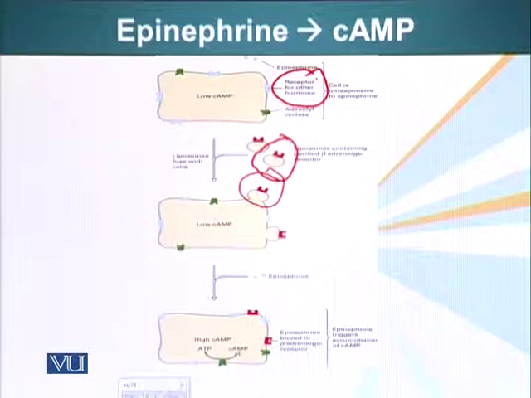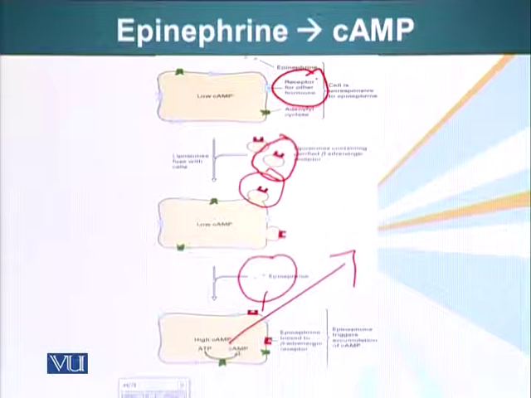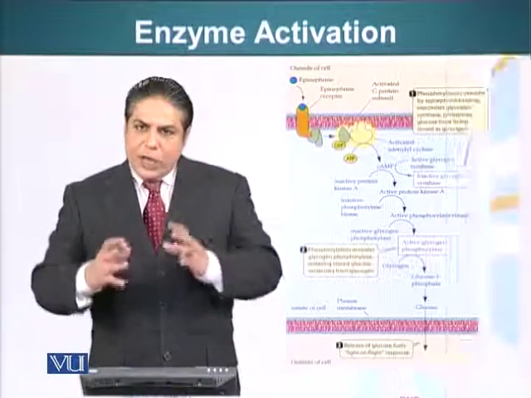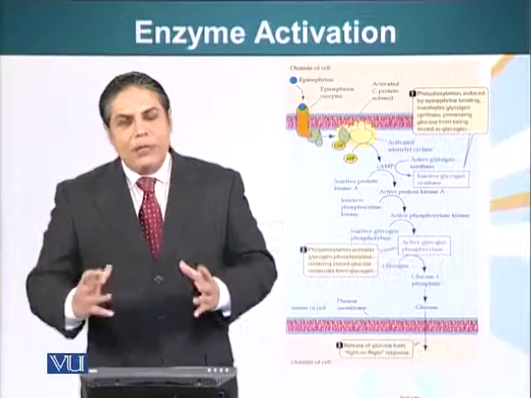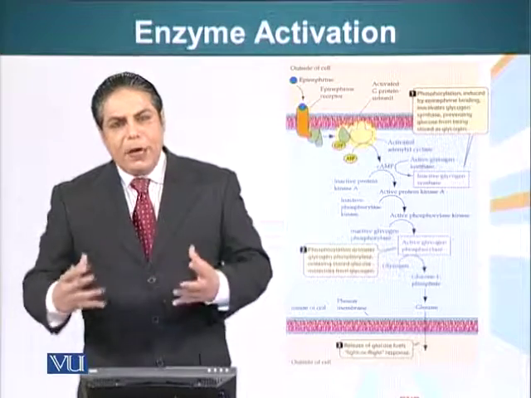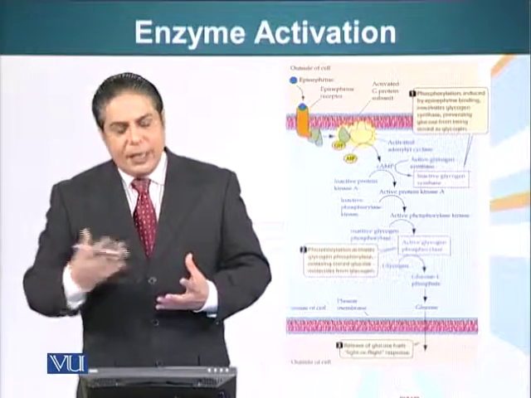Now once we attach epinephrine to it, we can measure the amount of cyclic AMP and we can see that the cell is producing cyclic AMP. This experiment suggests the epinephrine receptor interaction results in activation of adenylyl cyclase, which produces cyclic AMP. We will see how cyclic AMP mediates its effects in the cell in the next module.